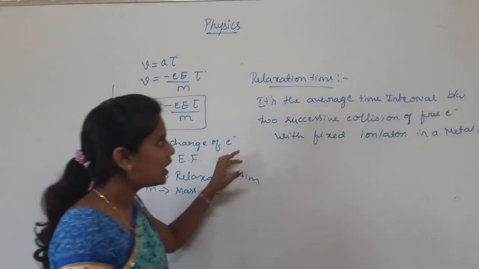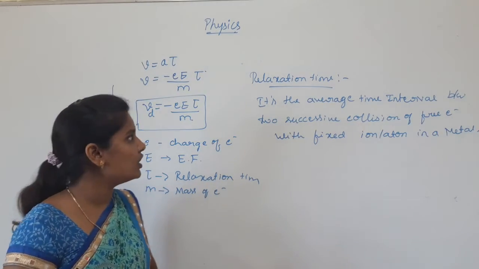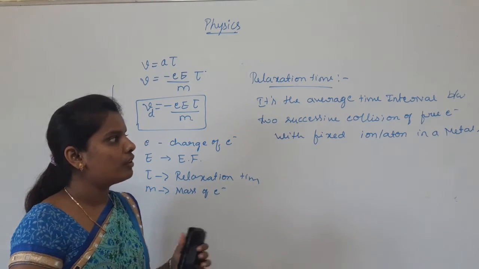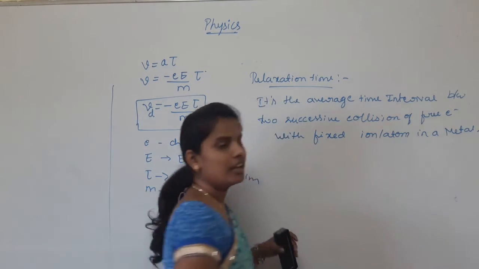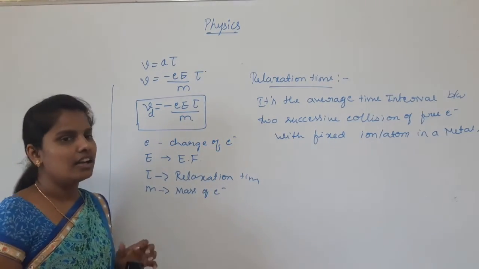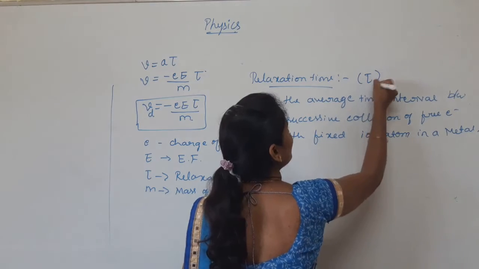So relaxation time is the average time interval between two successive collisions of a free electron with a fixed ion or atom in a metal. This is called relaxation time. It is represented by the letter tau.